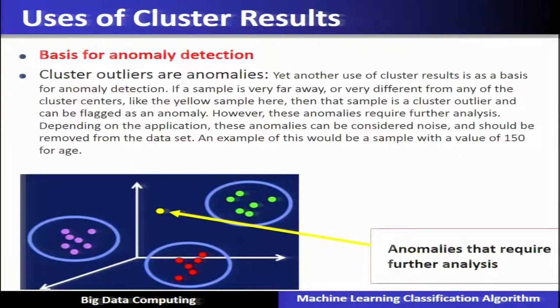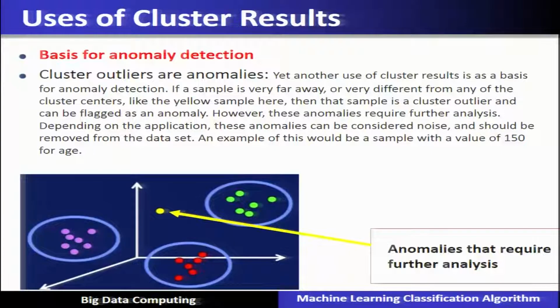Now, another basis: cluster analysis can be used as a basis for anomaly detection. Cluster outliers are basically the anomalies. So, yet another use of cluster results is as a basis for anomaly detection.